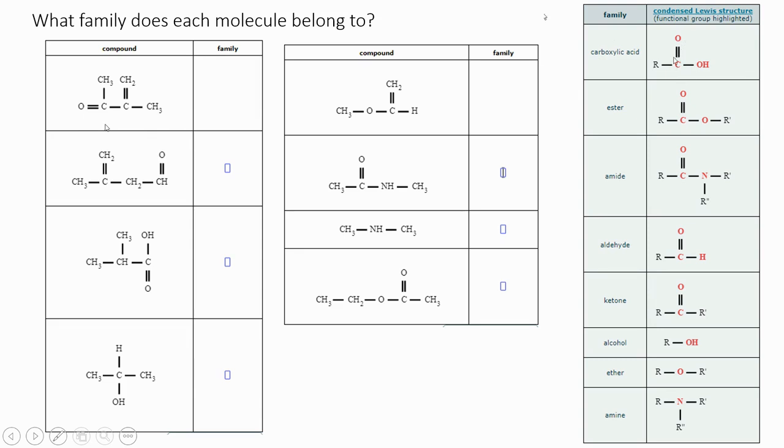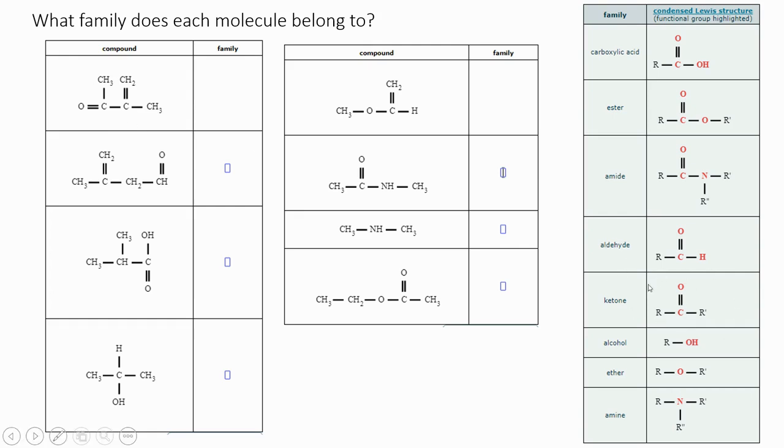And then the carbon that's double bonded to the oxygen has to be attached to an OH group. So it's close, but we don't have that. So we have carbon double bonded to an oxygen, and then look at what's attached to the carbon at the bottom of the double bond. We have a carbon and a carbon. So what would that follow? Ketone. This one would be like a ketone.